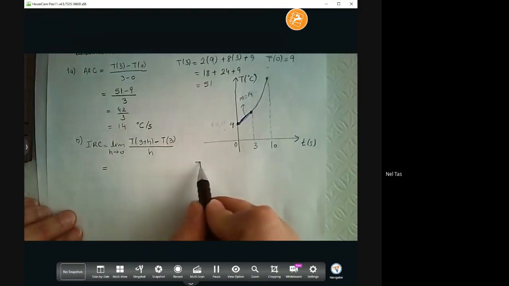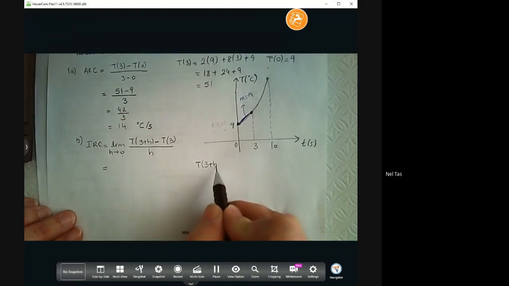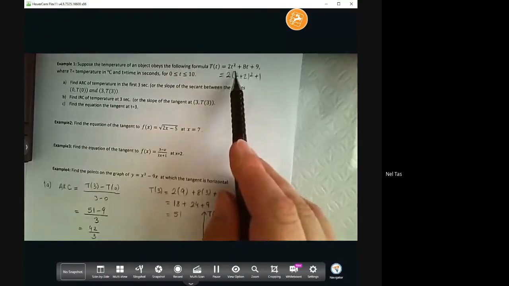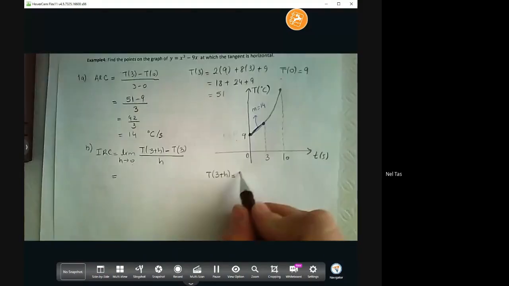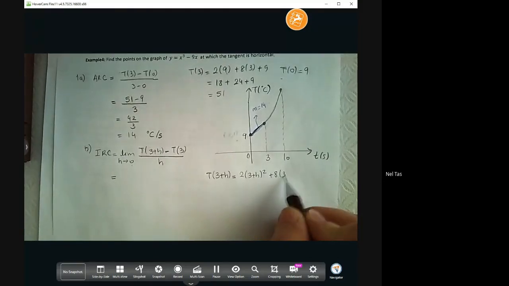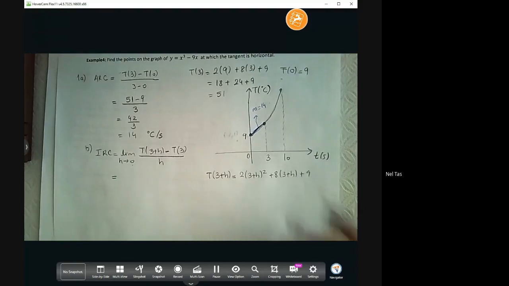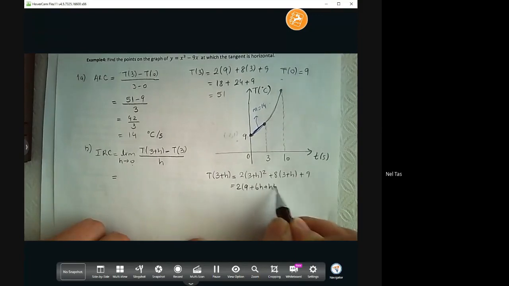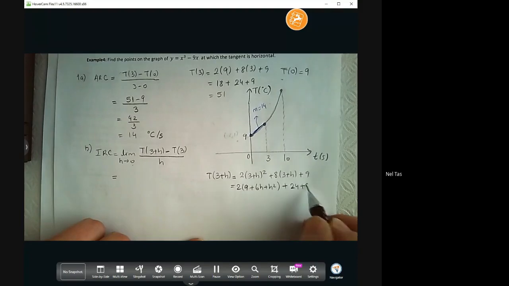So I need, looks like, T of 3 plus h. So I'm going to sub 3 plus h for t in the given equation. Okay, so 2 times (3 plus h) squared plus 8 times (3 plus h) plus 9. Expand this. 9 plus 6h plus h squared, plus 24 plus 8h, plus 9.